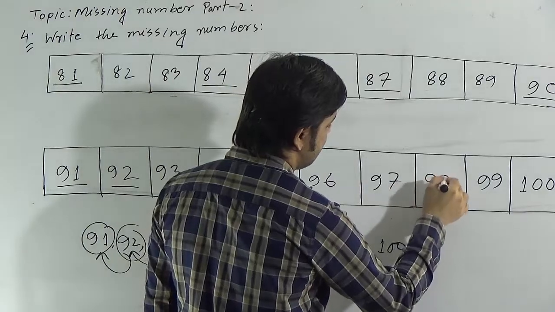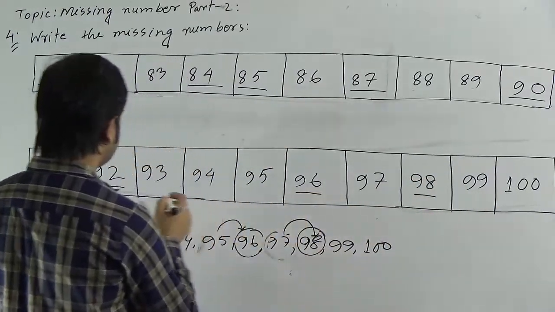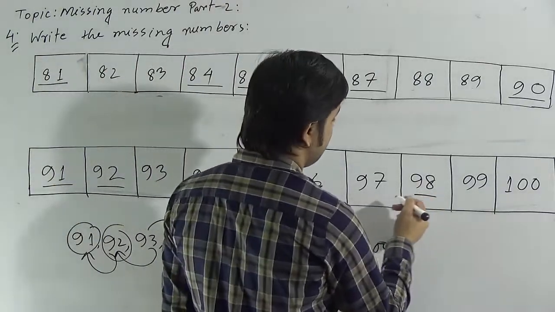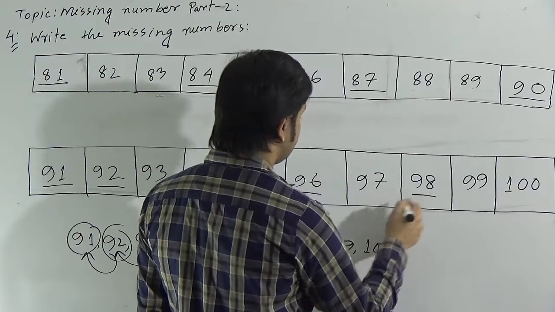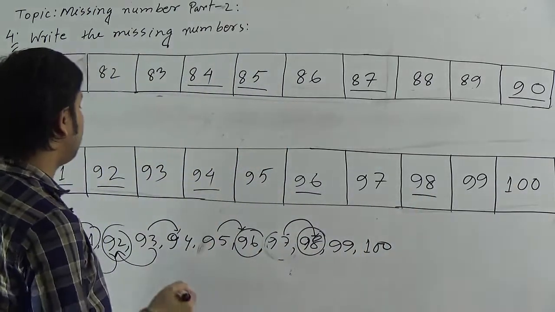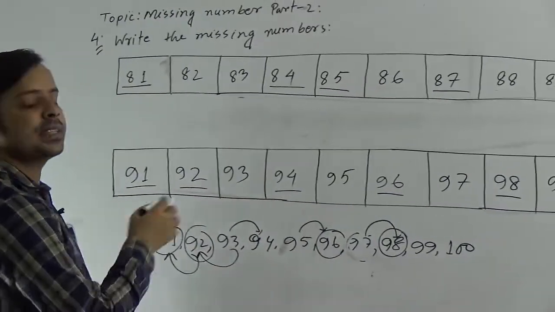So we will get 98 here, 96, 91, 92, and then 94. These 5 gaps are given here. I have filled up these gaps.